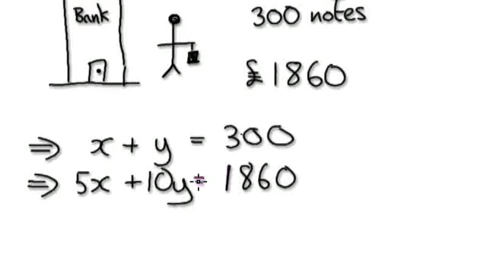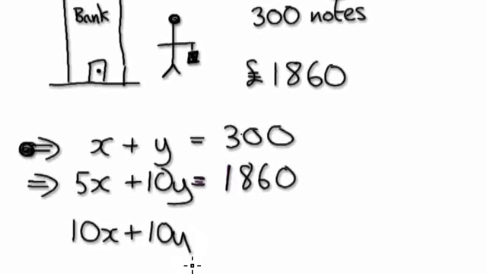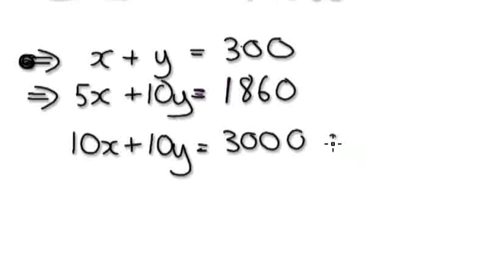Okay, so now it's just a matter of solving for x or y. There are several ways of doing this. So let's times everything in this equation by 10. This will give us 10x plus 10y equals 3000. Now let's take this equation, take away this equation here.